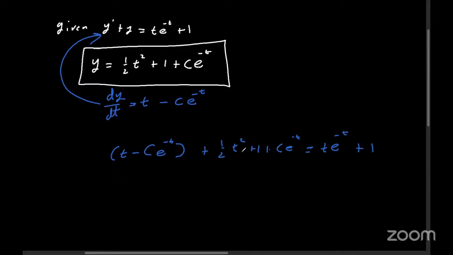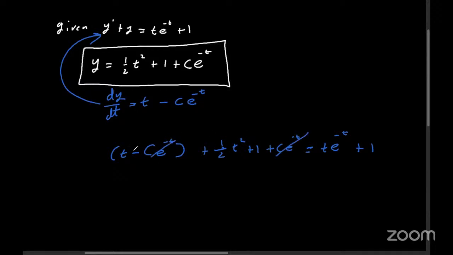My handwriting got kind of sloppy here. Let me rewrite this so it's at least halfway legible. 1 half plus 1 plus, there you go. That looks good. Okay, so what do we have? We have t minus this, so that's going to cancel.